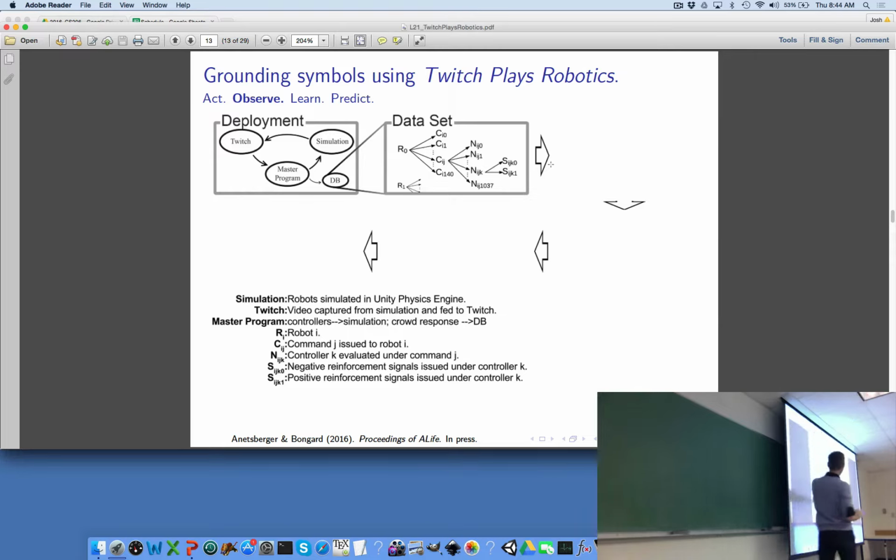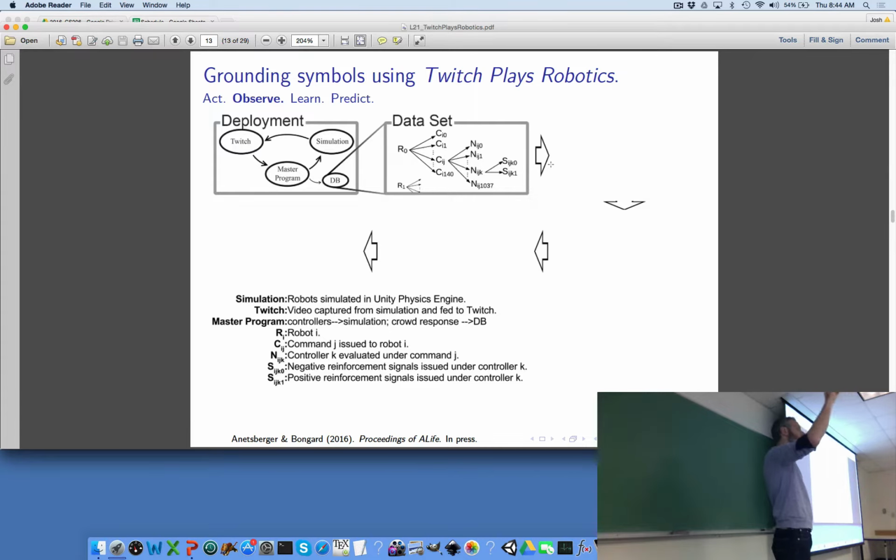Right? Within any given hour, at every 5-minute intervals, the command would change. And the crowd was allowed to issue whatever command they wanted. And if two people within that 5-minute period typed in jump, and a third person typed in forward, then at the next 5 minutes, the command that would be in charge would be jump.